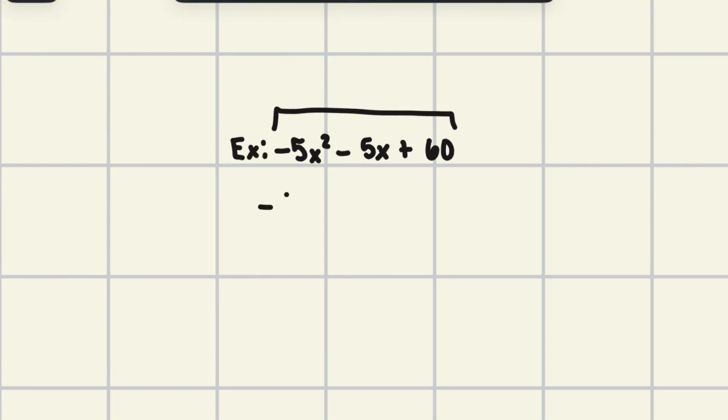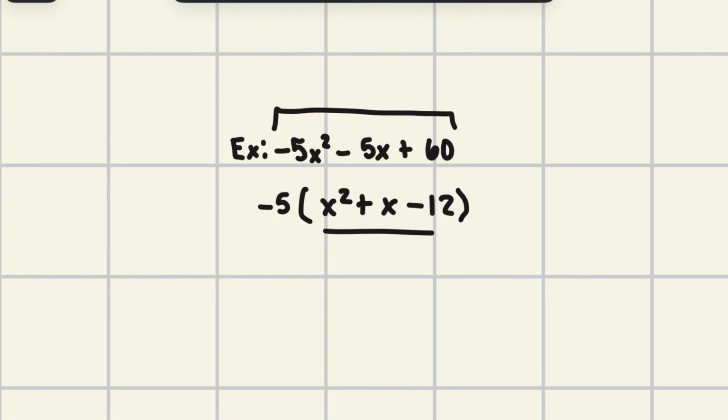So let's go ahead and write our new equation. Remember, when you're factoring out the greatest common factor, you write the greatest common factor on the outside and the remaining equation on the inside. Also remember, when you factor out a specific sign, the signs inside the new equation turn into their opposing signs.